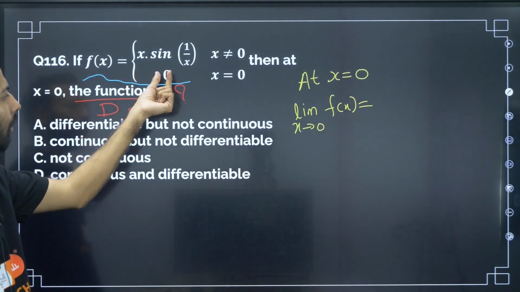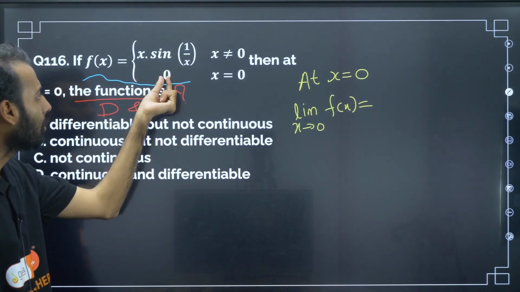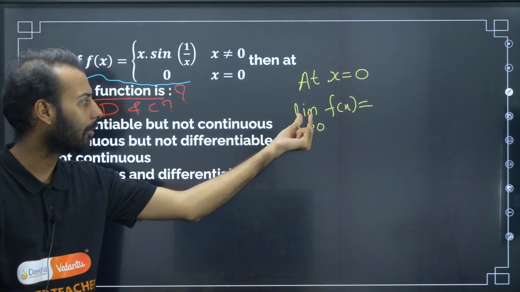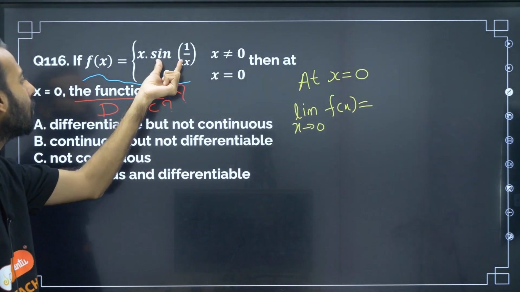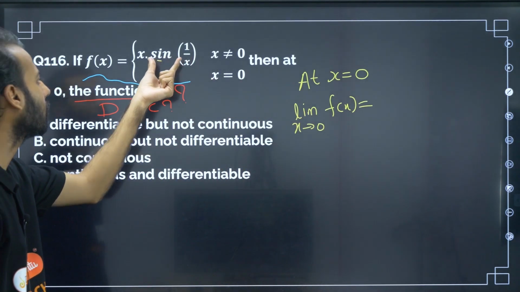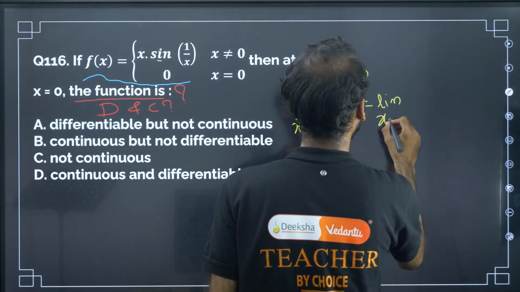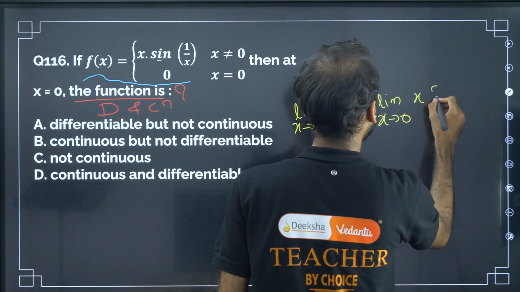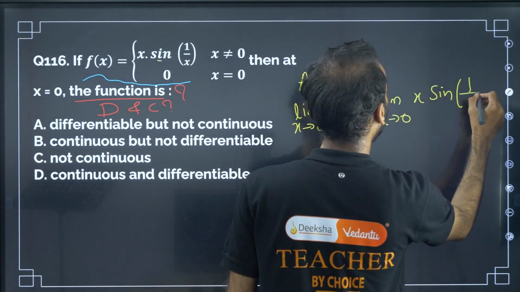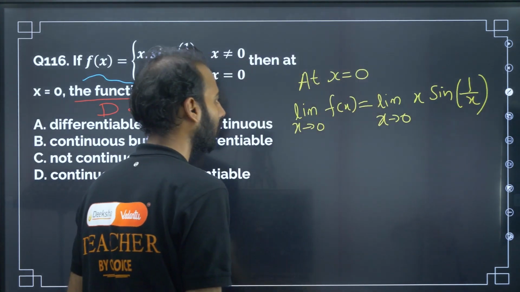Here it is not 0 but tending to 0. Whenever it is a limit, it is tending to 0, not exact 0, which means the function behaves like this. So limit x tends to 0 of x sine of 1 by x.